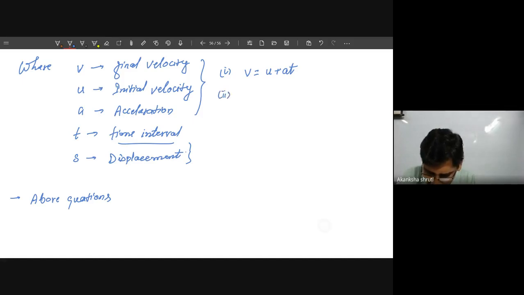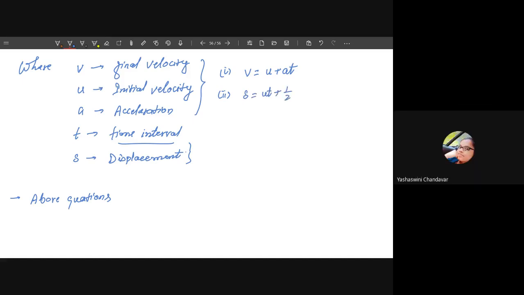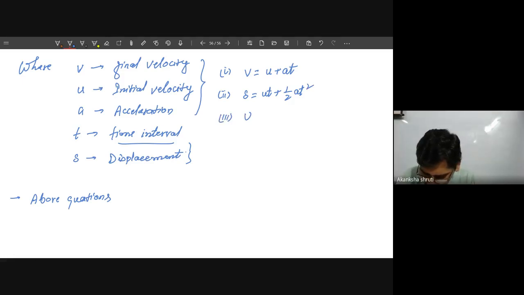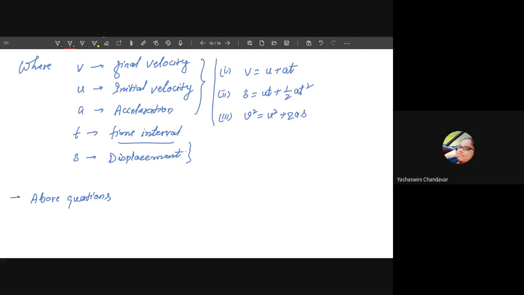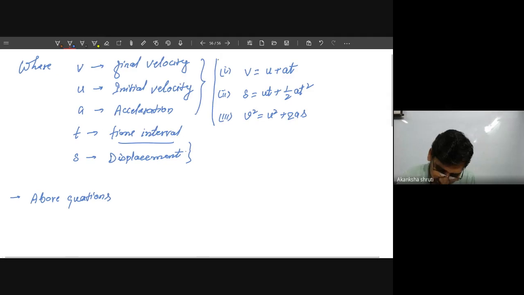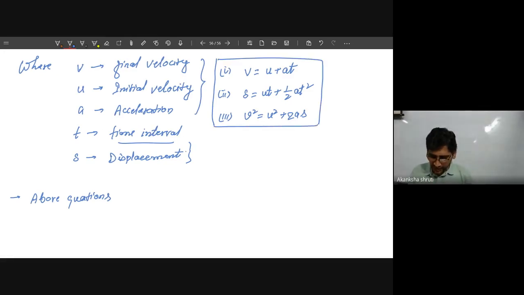The second is s is given by ut plus half at square. The third one is v square equals u square plus 2as. Student, these are the three equations that you have to keep in mind. You shall never forget this. And all these are for constant acceleration a.